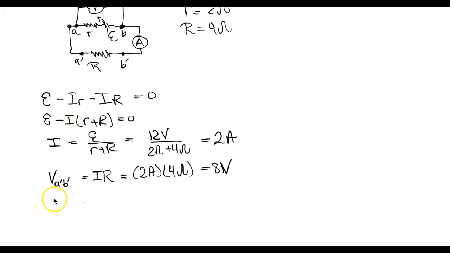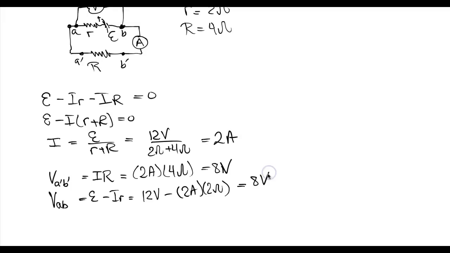And likewise, if we look at the voltage that's going through the small resistor, that would be VAB, which is the source itself minus the voltage drop across the internal resistance, which is going to be 12 volts minus 2 amps times 2 ohms, which also gives us 8 volts.